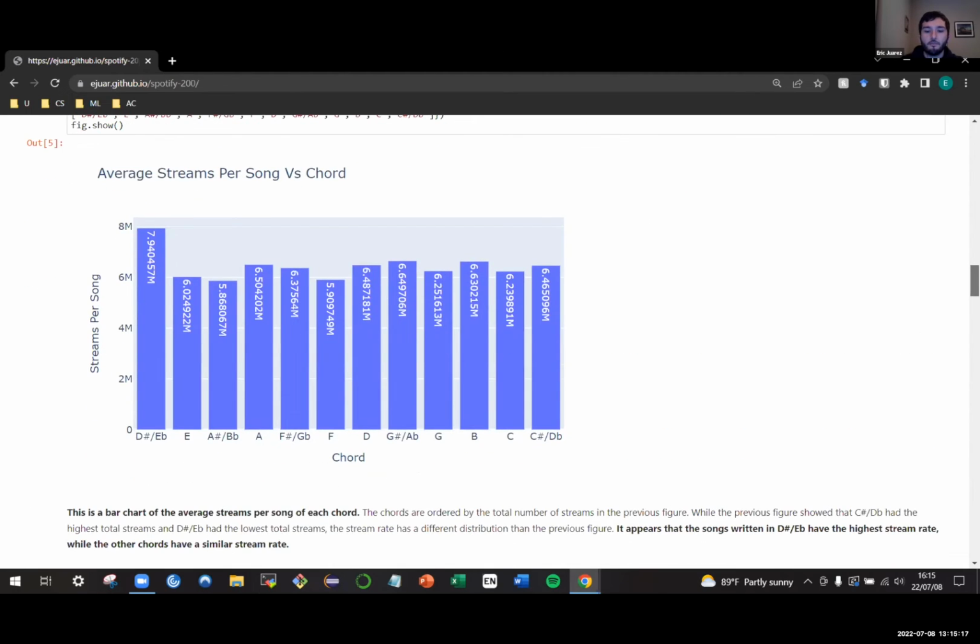According to this distribution, it appears that songs written in D sharp/E flat have the highest stream rate, while the others have a similar but lower rate.